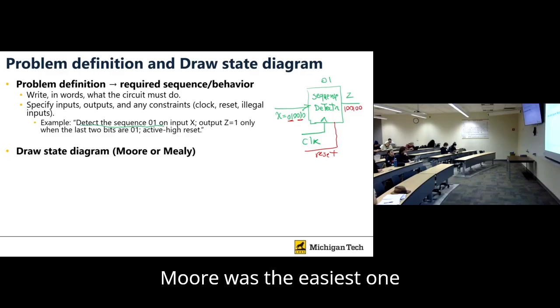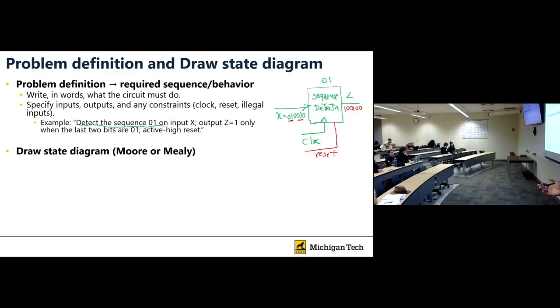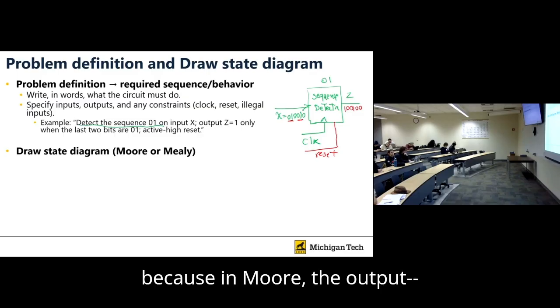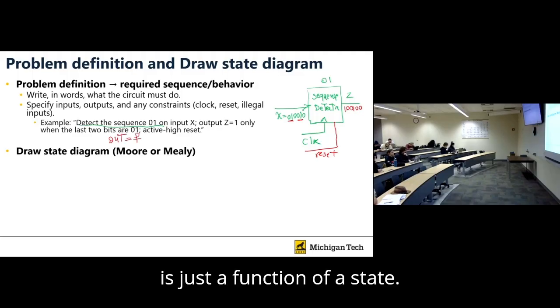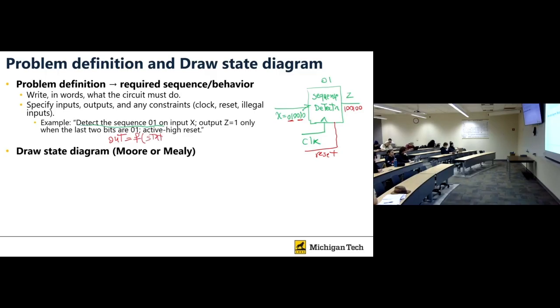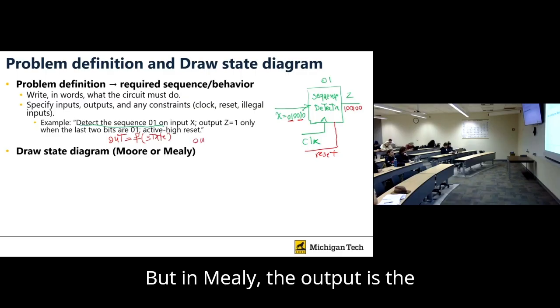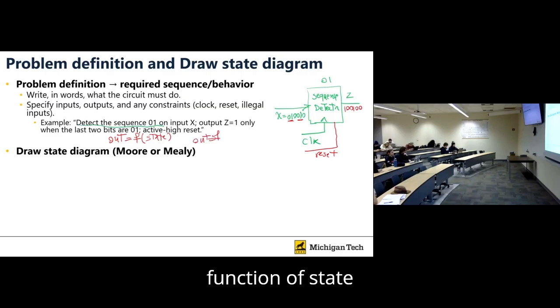Moore is the easiest one, because in Moore, the output is just a function of the state. But in Mealy, the output is a function of state and input.